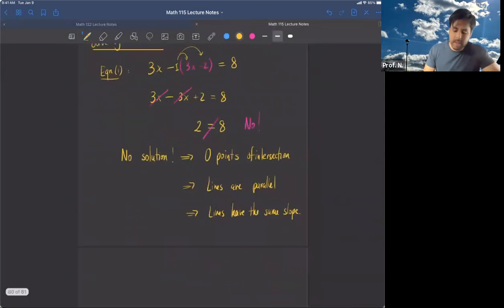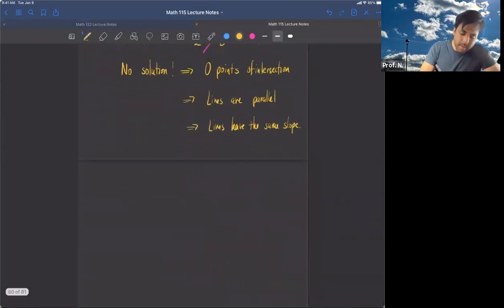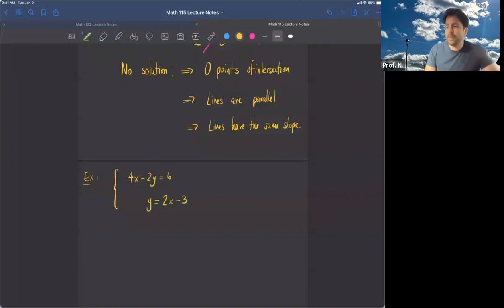All right. Now I'm going to give you another example. What if I have a system where it's 4x minus 2y equals 6, and y is equal to 2x minus 3? So again, solve by the substitution method.